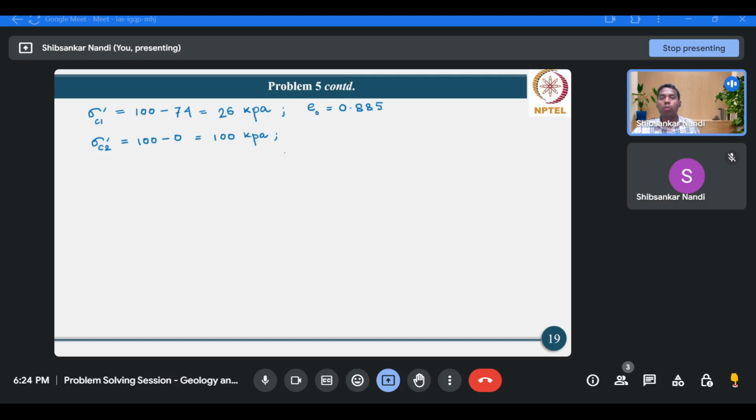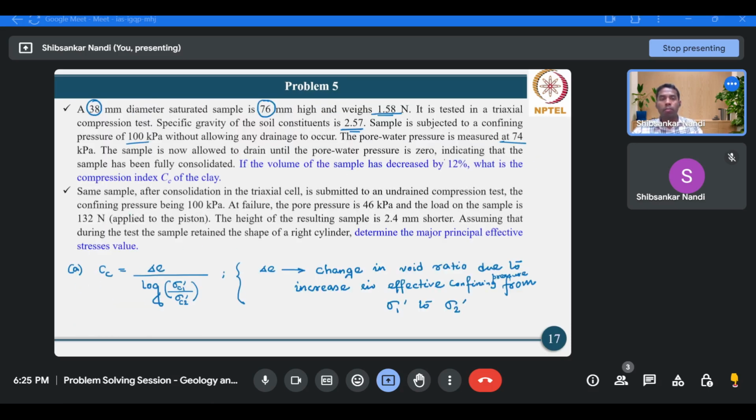Now we don't know the e value, but we can calculate the delta e from this equation: delta e by 1 plus e0 equals delta V by V. Now what is the volumetric strain for this problem? It's 12%.